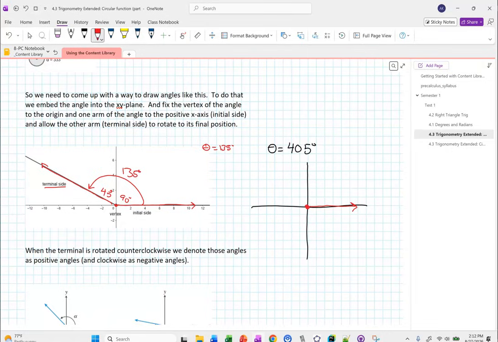And now, I'm going to rotate my terminal side. So I'll have 90, 180, 270, 360, and then how much more do I have to go past 360? 45 more.